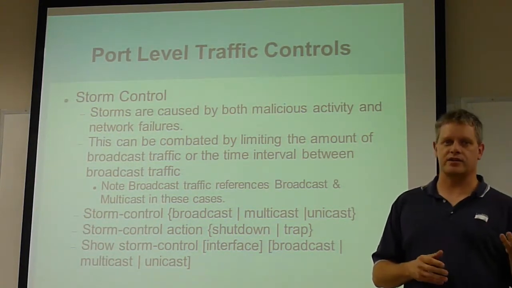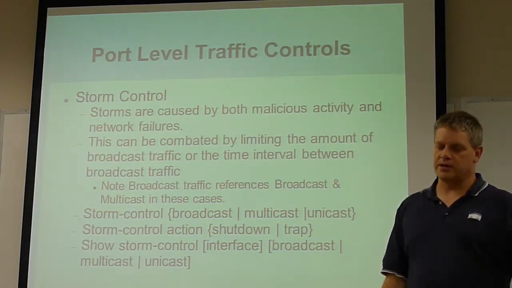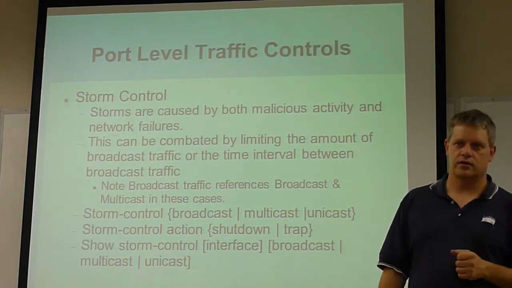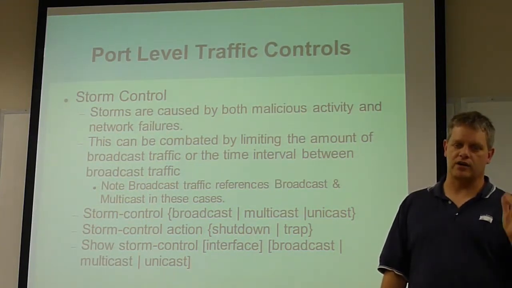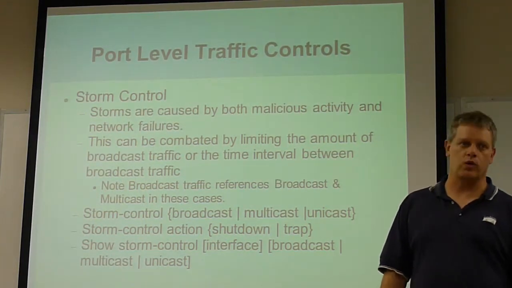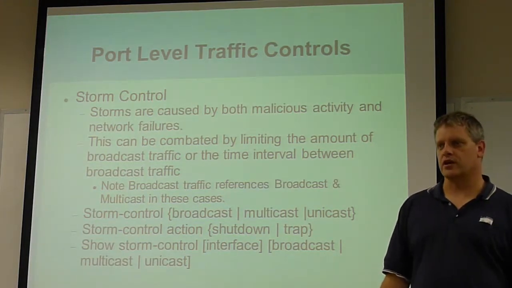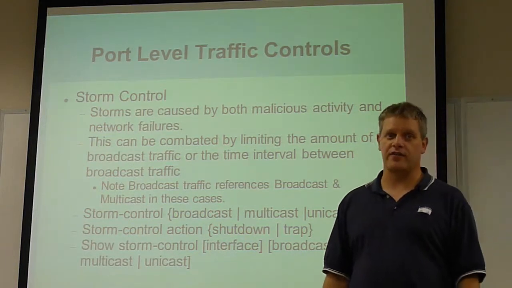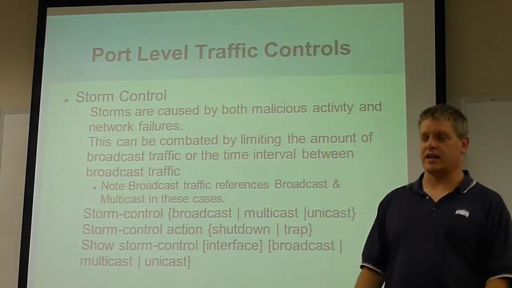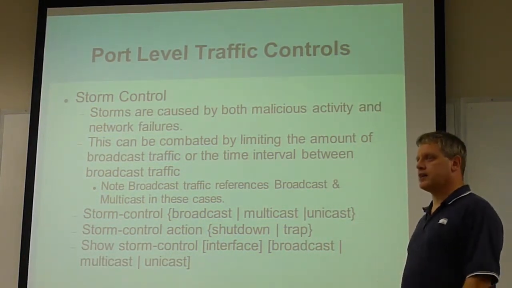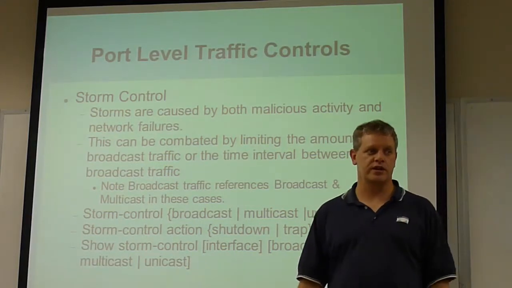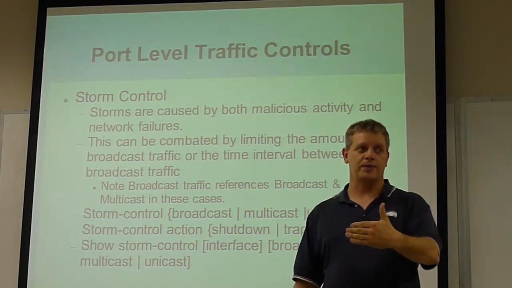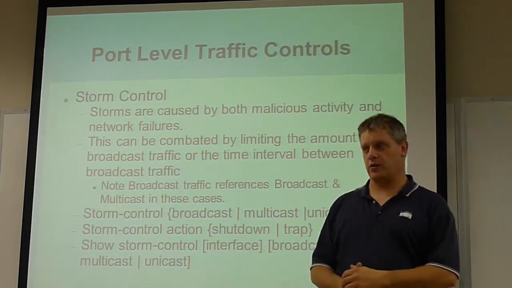A MAC address is basically 12 characters in length, either separated by colons every 2 characters or periods every 4 characters. The broadcast is all Fs: F, F, F, F, F, F, F, F, F, F, F, F. That designates a broadcast. What a broadcast does, or what it tells the system to do, is I want this frame to go to every station on the network.